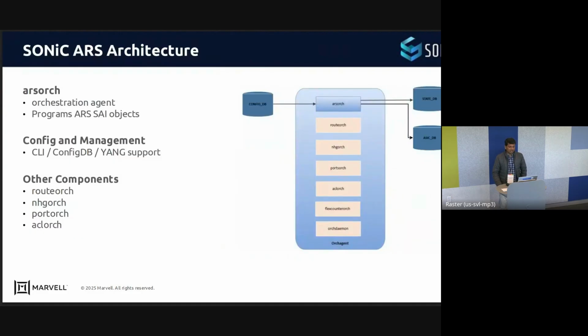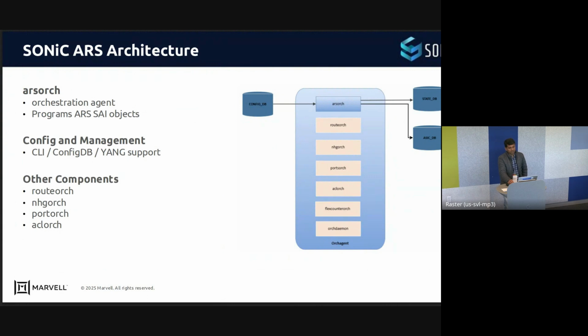Okay, so this is the high-level ARS architecture in SONiC. There is a new ARS orchestration agent added to the SWSS, and these are some of the existing orchestration agents where changes are being made to support ARS in SONiC.